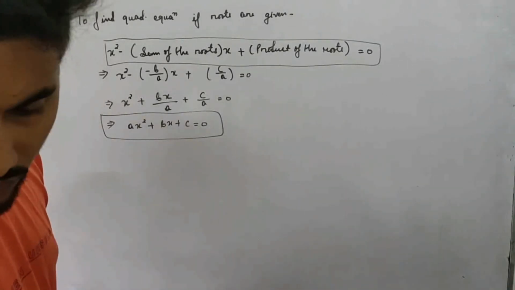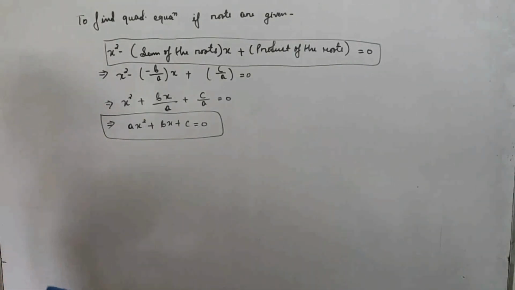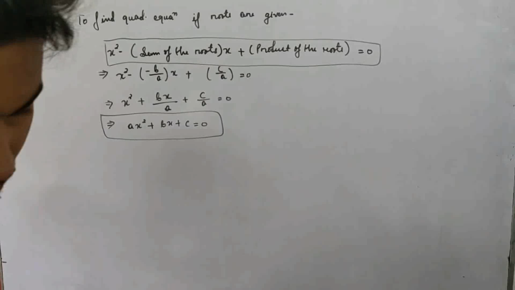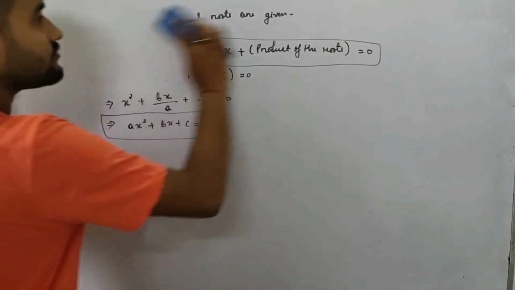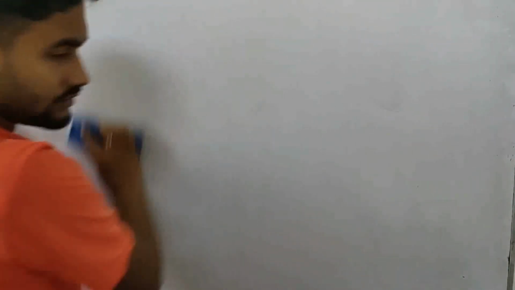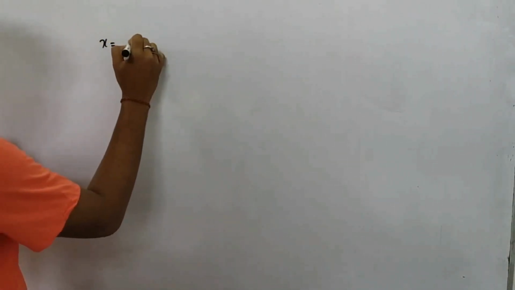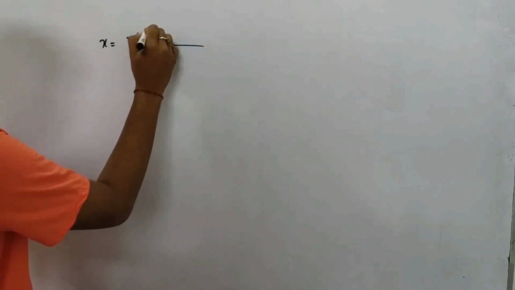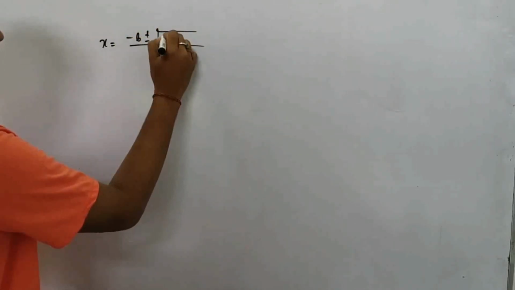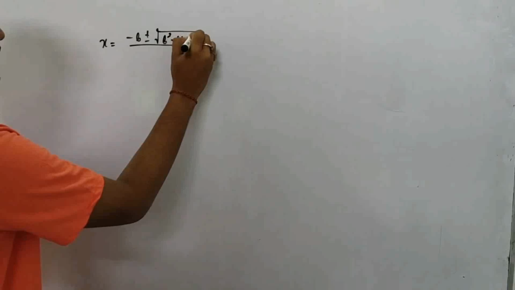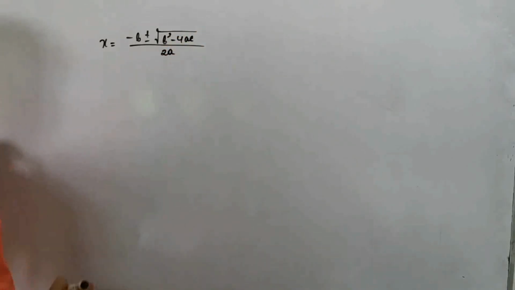Now just one last part is remaining, from which also questions come in the exam. So again, if I write the quadratic formula, x is equal to minus b plus minus root over b square minus 4ac by twice a.